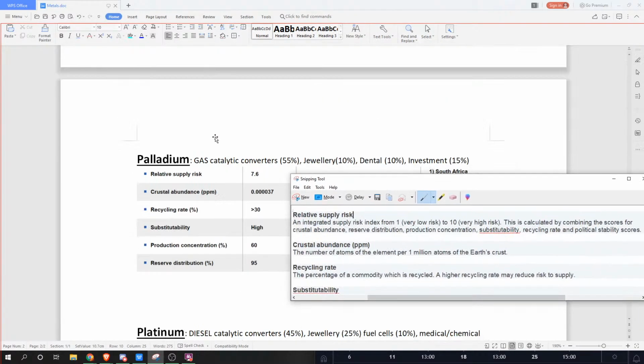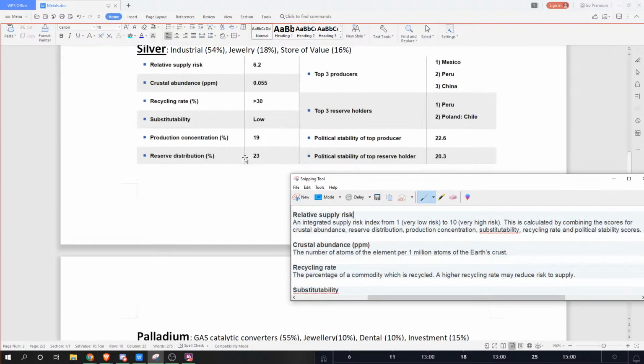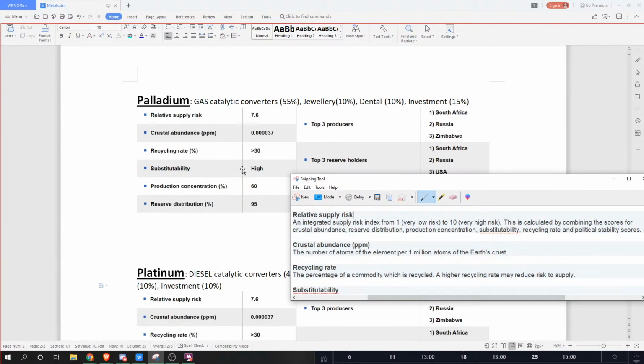So first thing, what are these metals used for? Well, we know that gold is mainly used for jewelry, electrical, and mainly bullion or some sort of safe haven, store of value investment. Silver is an industrial metal, but it's also used as a safe haven and a store of value. What is palladium used for?